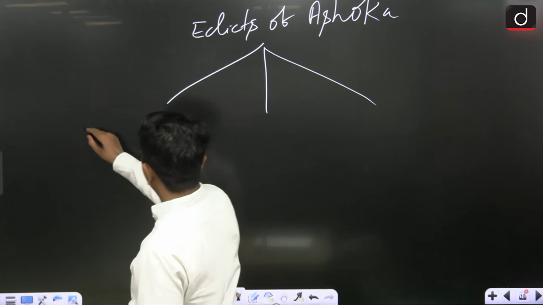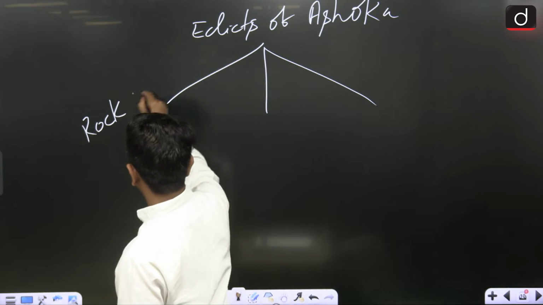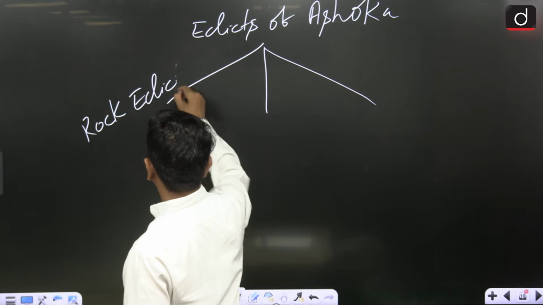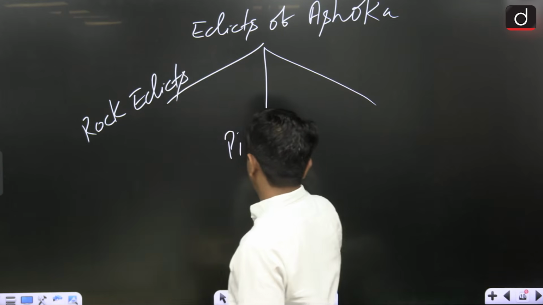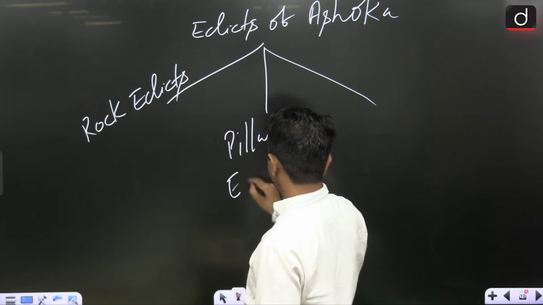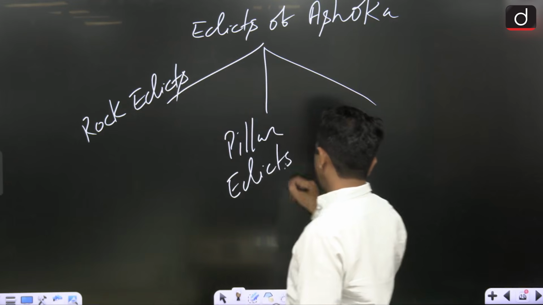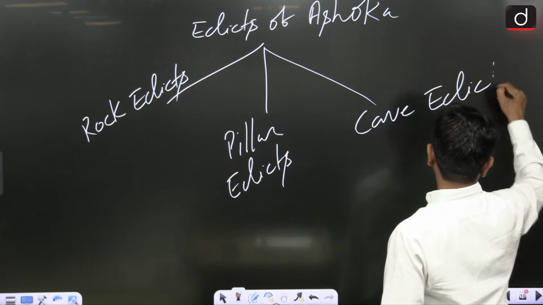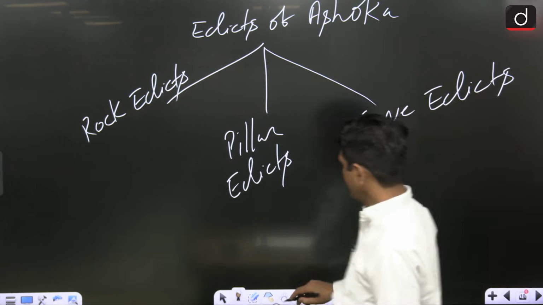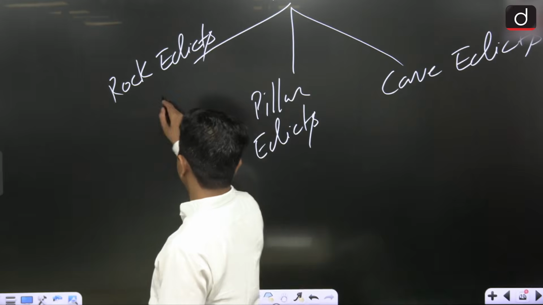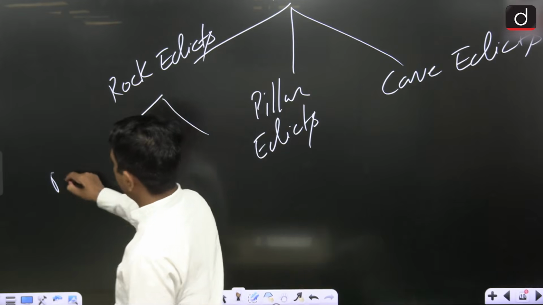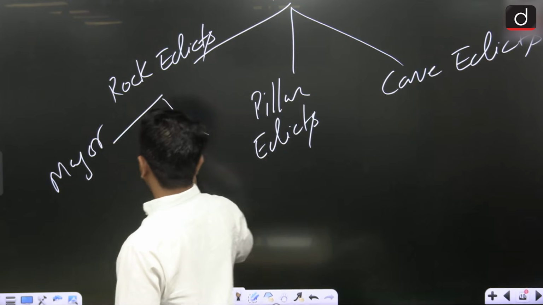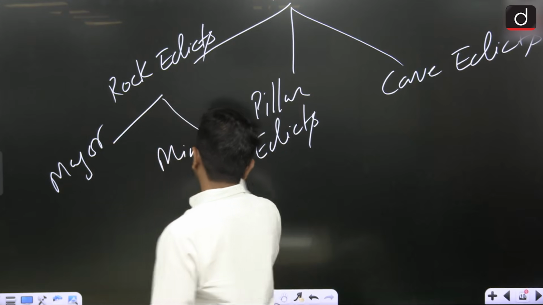One is rock edicts. Second, pillar edicts. And the third, cave edicts. Rock edicts are divided into two parts: major rock edicts and minor rock edicts.